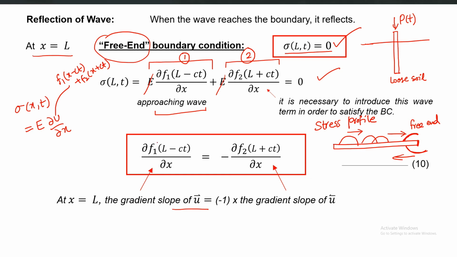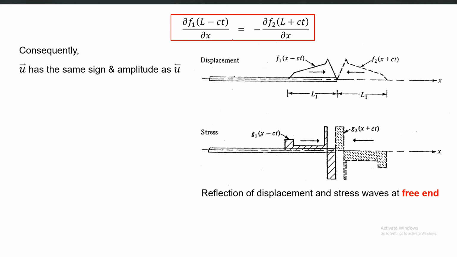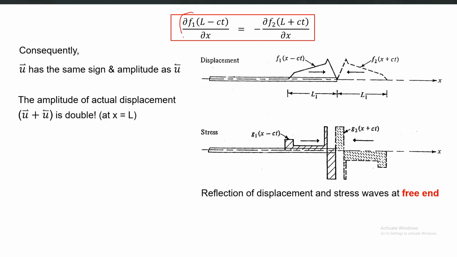If we know this, we can also see that for the free case, F1 and F2 should have the same sign and equal magnitudes, because we can use this equation to derive this, since now we know that the first term in the stress distribution should be minus the second term in the stress profile. Let's say this is the original stress function, which may have any shape, though I was using the sinusoidal example, and let's say this boundary is the free end.